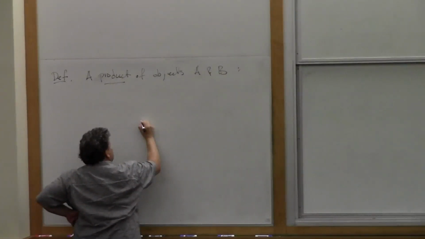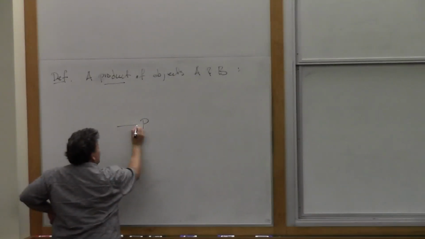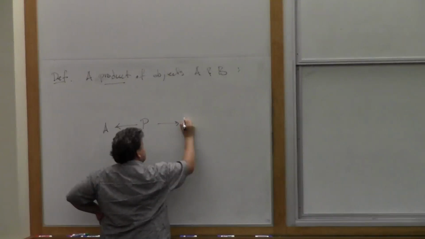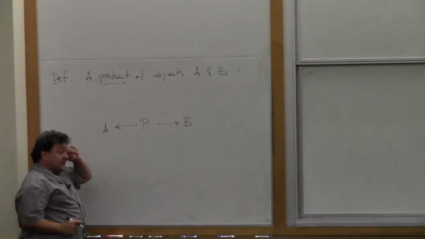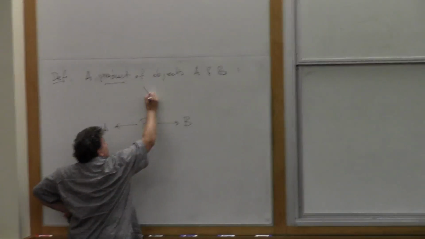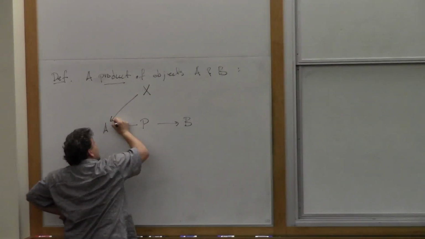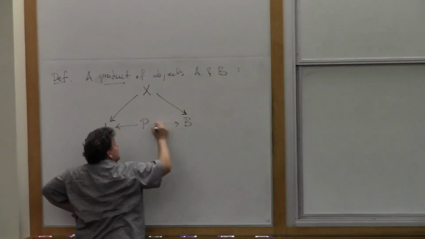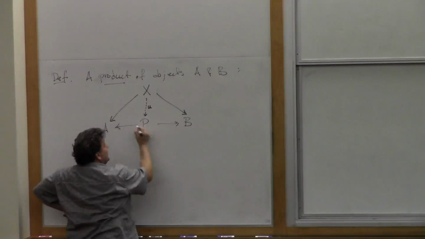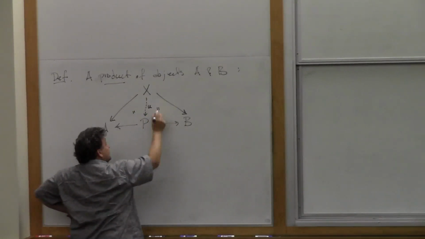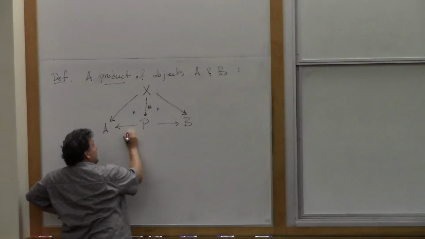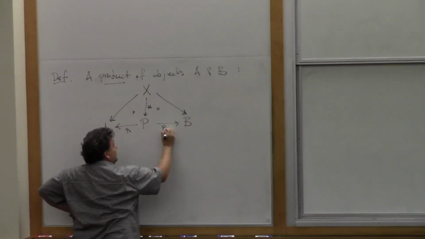An object, which I'll for the moment write P, equipped with arrows to A and to B, with the following universal mapping property. Given any object X and any arrows into A and to B, there exists a unique map U from X into P, making the two triangles commute. Let's give these things some names. I'll call this one P1 and this one P2.